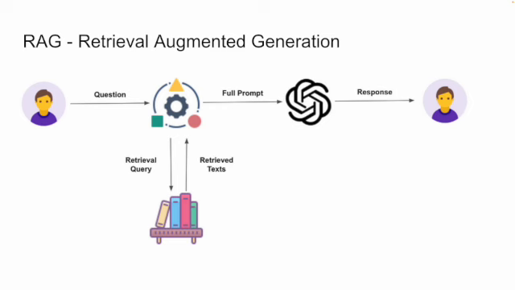In such situations, what we do is we use retrieval augmented generation, where when the person asks a question, we try to gather more information for that question, so that we can pass all that to the LLM and get back a much better response.